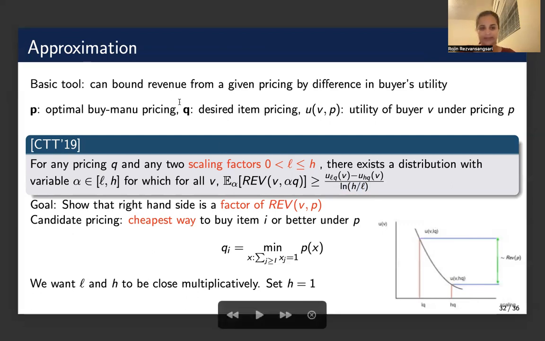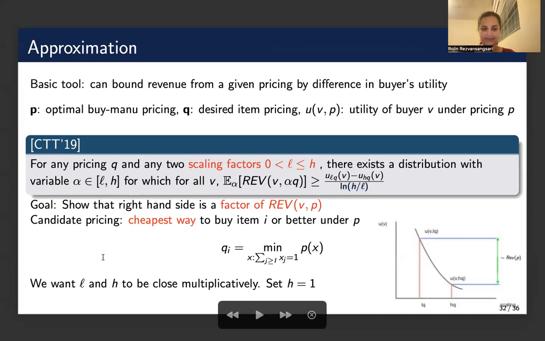First of all, we should define some appropriate pricing Q. Then we should find L and H in a way that this difference in utility between the two different scalings is some factor of revenue under P, which is the optimal buy-many pricing. And last, we want to find L and H in a way that they're not that far apart, so we get a constant factor here.